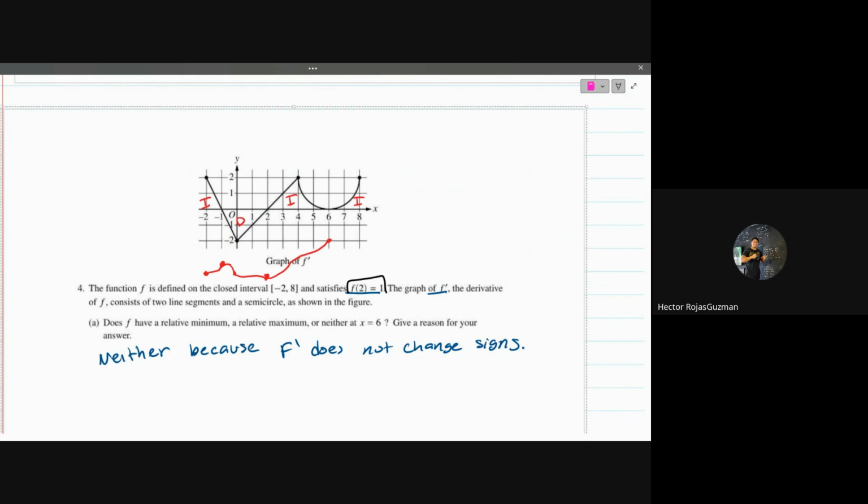You stop momentarily, but then you continue increasing until you get to 8. So by making this random sketch, I can tell that my minimum is either going to be located at -2, or it's going to be located at 2, one or the other. So keep that in mind.